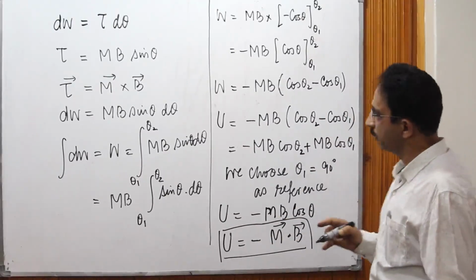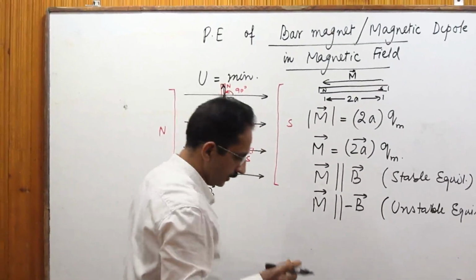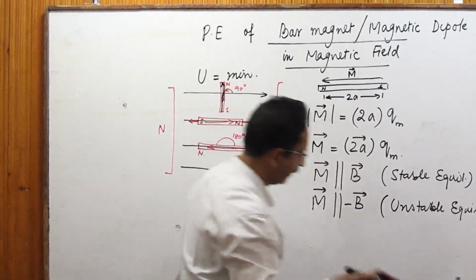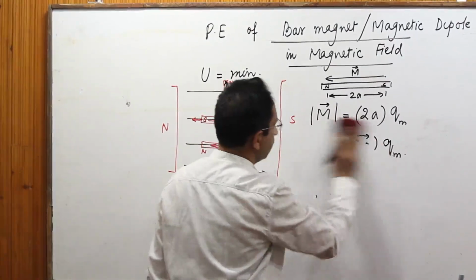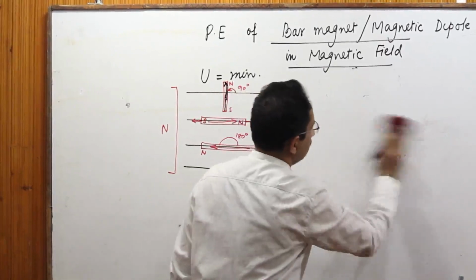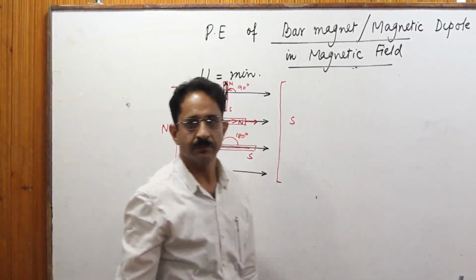And theta 1 equal to 90 degrees has some importance here, that when we start from theta equal to 0 degrees, this potential energy function also comes in electrostatics, you will find it in gravitation, here also. So we have to think of this potential energy function as a scalar quantity.